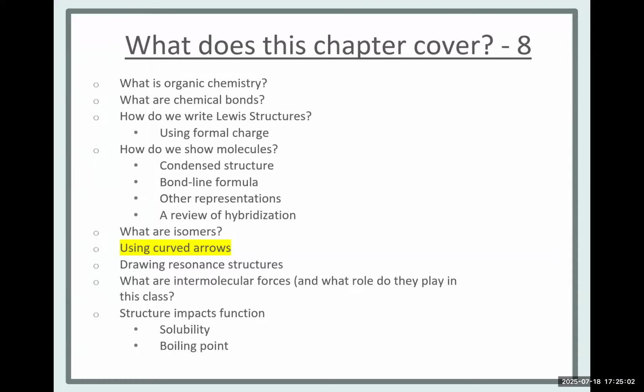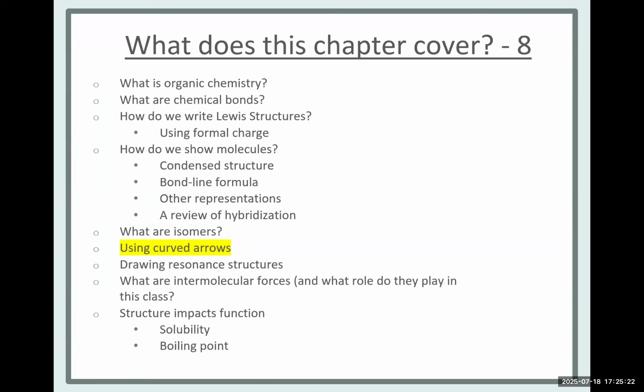I mentioned at the beginning, organic chemistry is all about the reactions of chemistry of carbon-containing molecules. And these reactions happen when bonds are formed or broken, and bonds are formed or broken when electrons are shared between atoms or not shared between atoms.